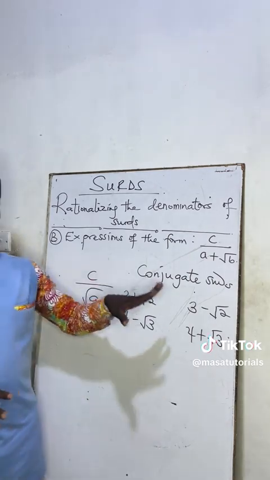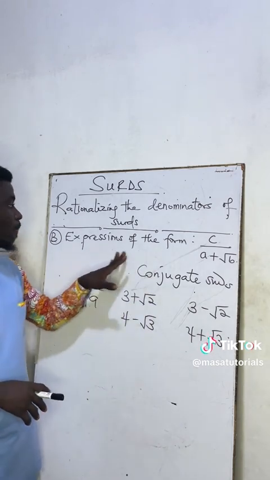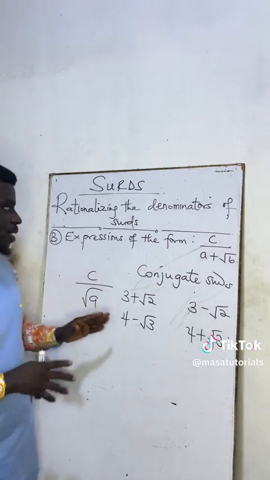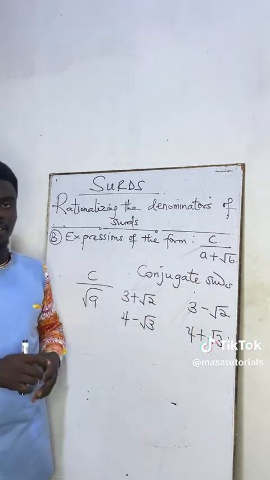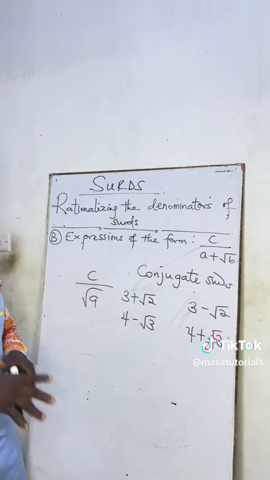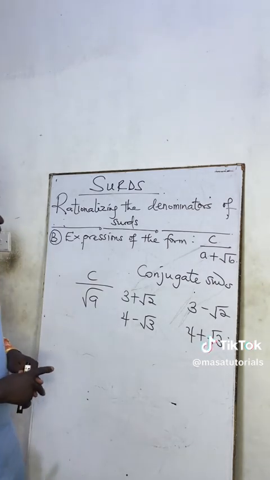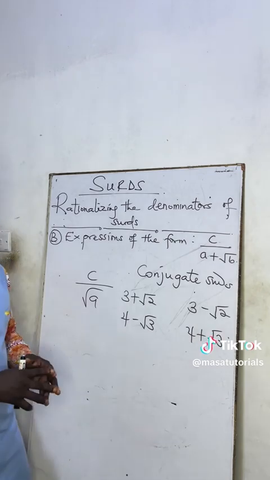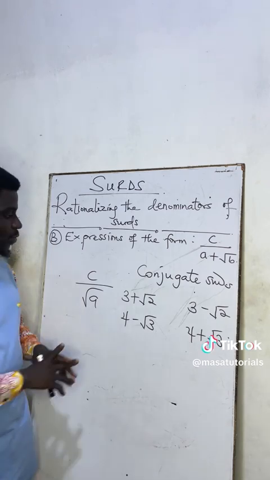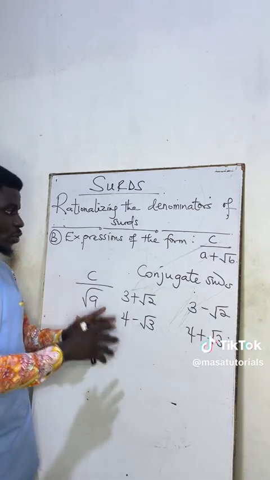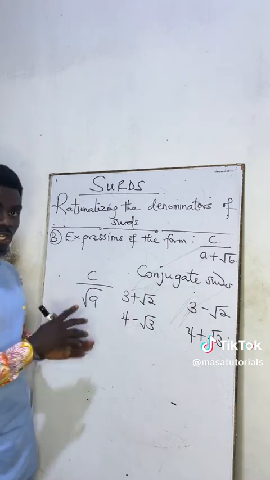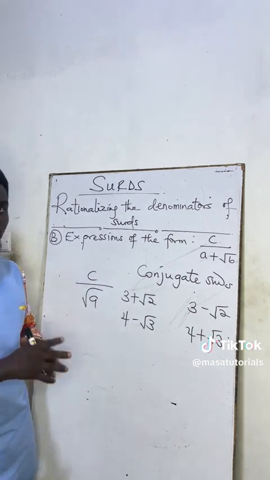So conjugate surds will be useful in this part, which is part B, expressions of the form c over a plus square root of b. So follow me through as we solve more questions on this. Make sure you remember conjugate surds, how to change from positive to negative and all that.